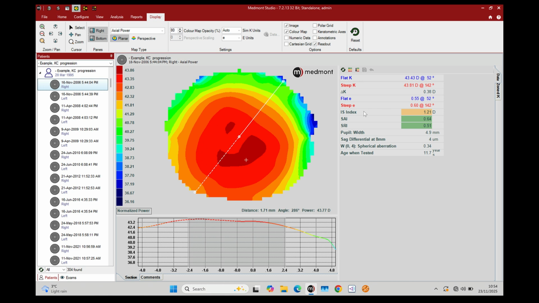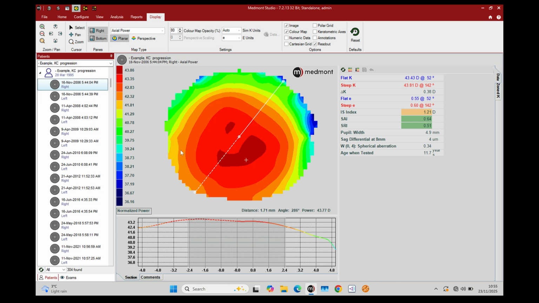So this is why the IS, which stands for inferior steep index, so the power of the cornea in the inferior compared to the power of the cornea in the superior hemispheres is pretty similar, but you can see why, because we've got an inferiorly displaced cornea. That's normal. So at this stage, we're not concerned about any keratoconus.